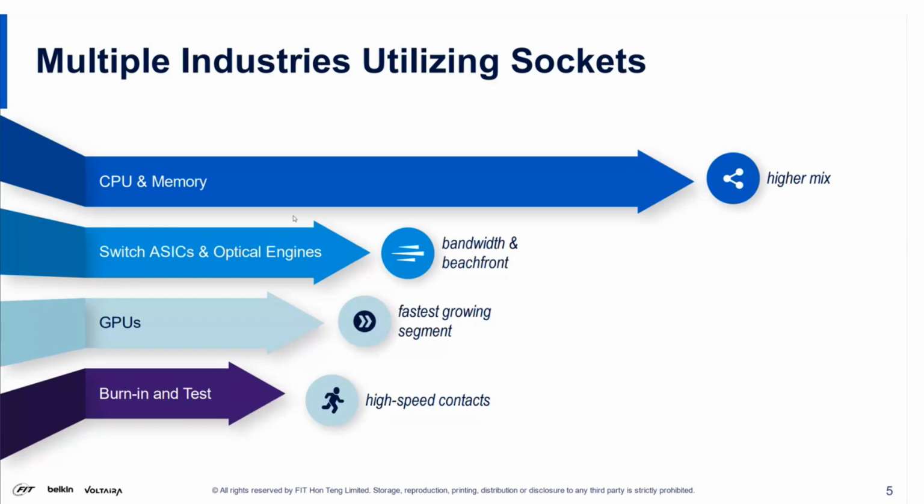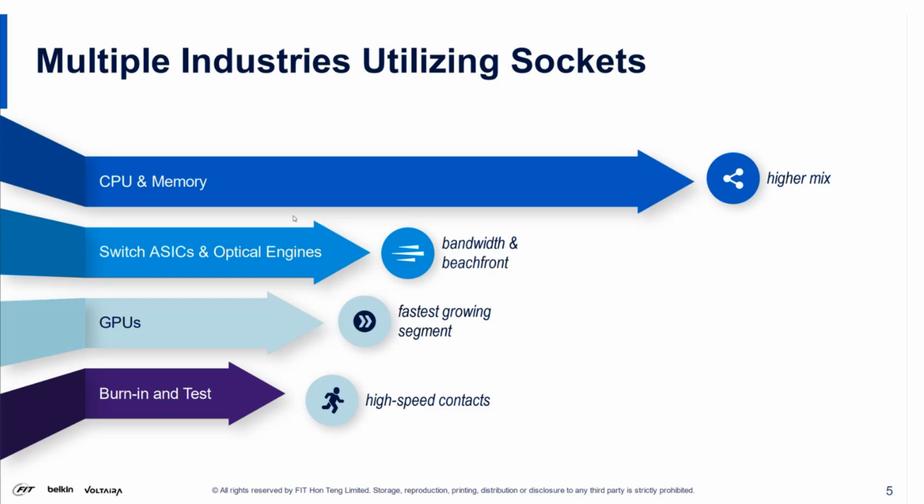So currently in the industry that uses sockets, what you most commonly see, which is in the highest volumes, are in the CPU and memory. So you're talking about your processors and your DDR. That's the current mass volume that you see. But we also have seen over the past decade an increased interest in switch ASICs, such as your Broadcoms, but also optical engines as we move forward to another industry growth in the CPO and CPX.